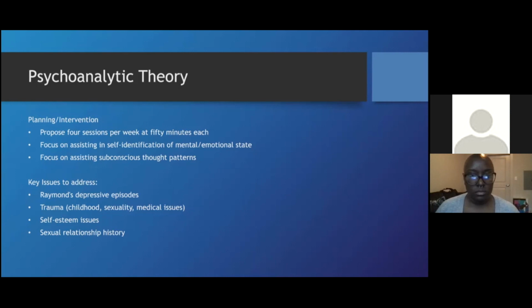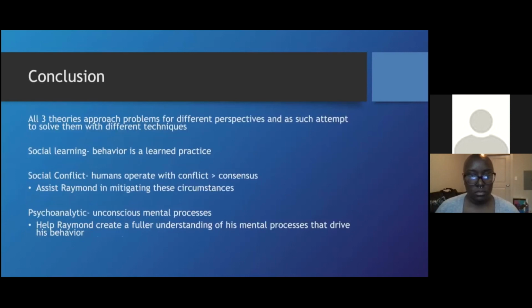In conclusion, all 3 theories approach problems from different perspectives and as such attempt to solve them with different techniques. Social learning is about behavior as a learned practice. They'd be really interested in helping Raymond learn new, more positive or pro-social behaviors.